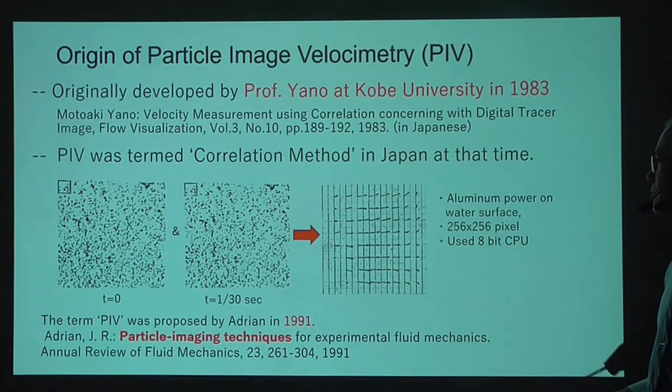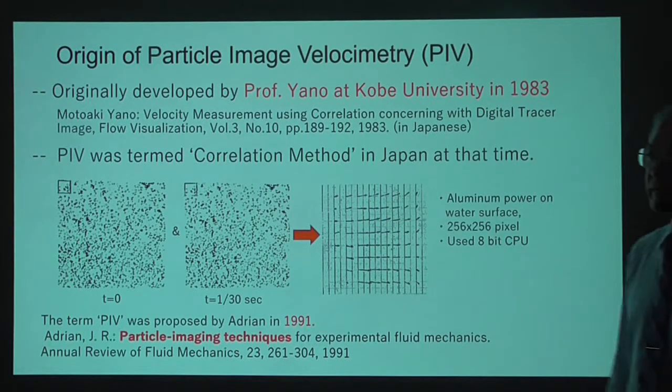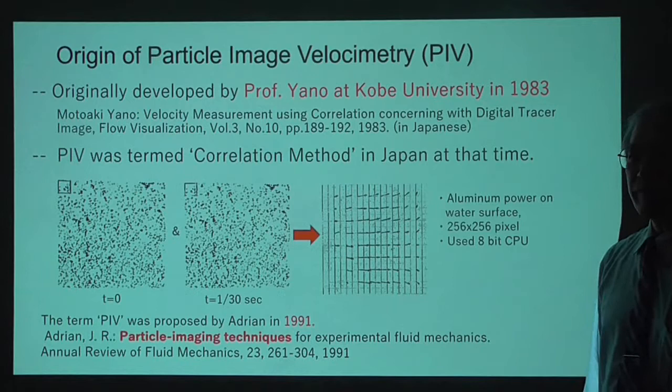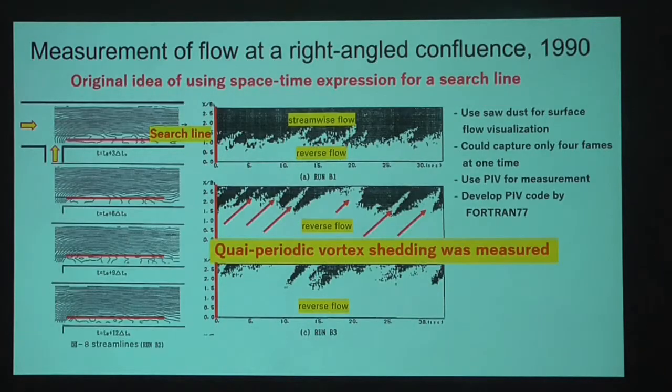This was the first trial to apply PIV to surface velocimetry. At that time we called it the correlation method. So please remember that PIV was first invented by Professor Yano, my professor.